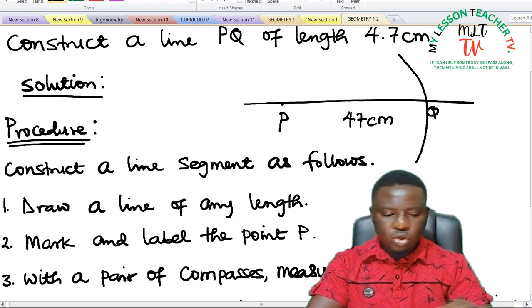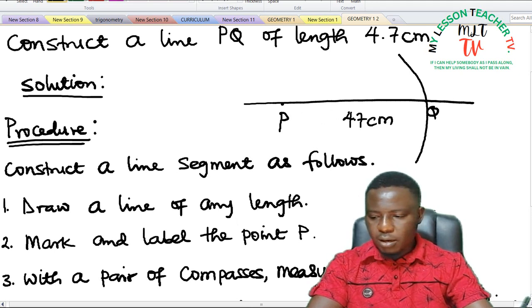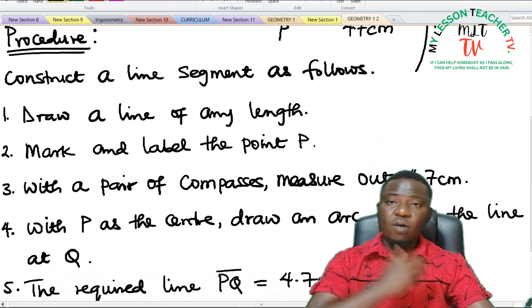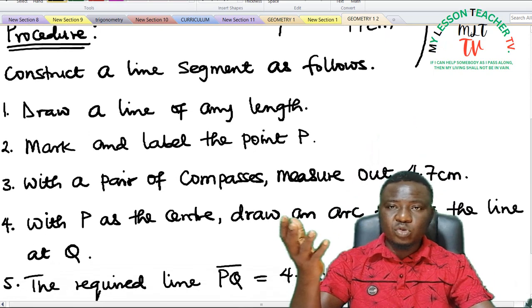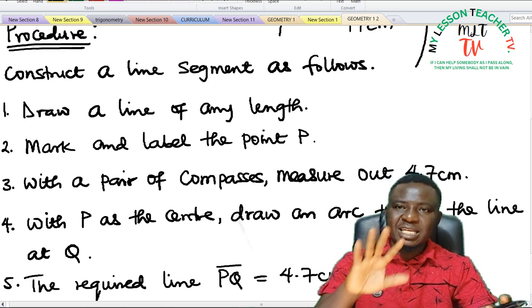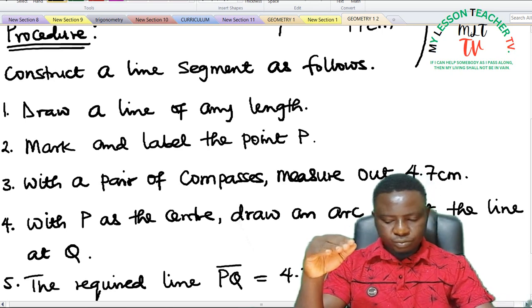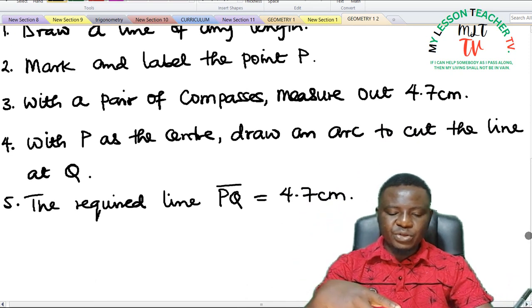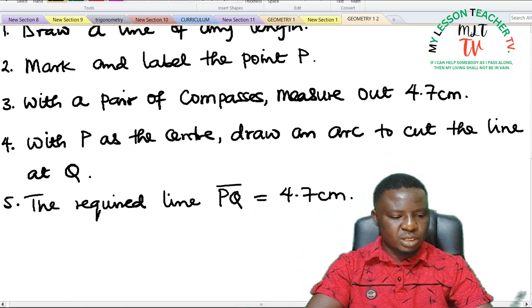So this is how you can construct a line segment PQ of length 4.7. It may be 4.7 or whichever you want to construct, but just note that in construction of lines, this is how to do it. So step 5 says the required line segment PQ is equal to 4.7, just like I have said.